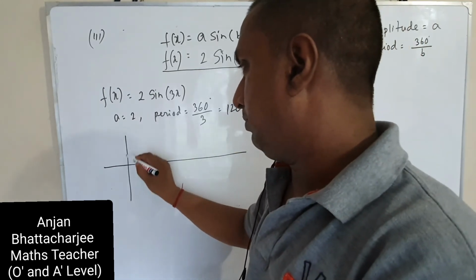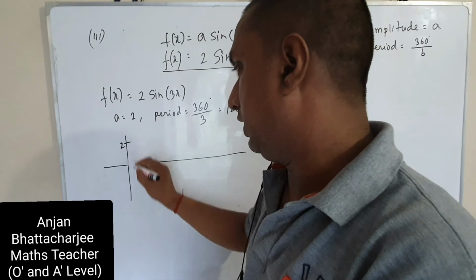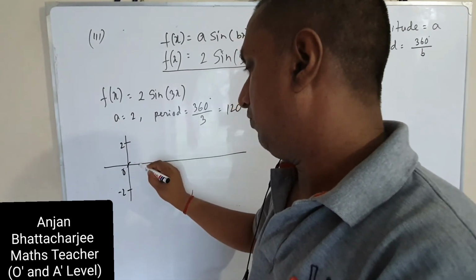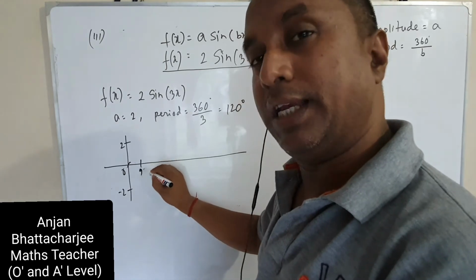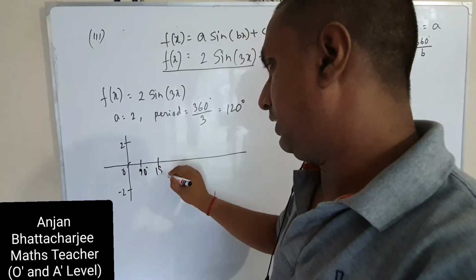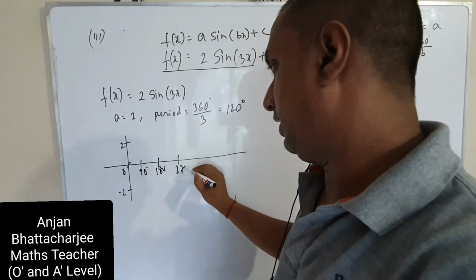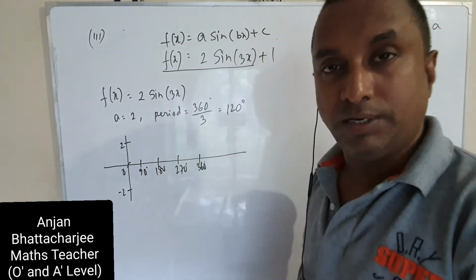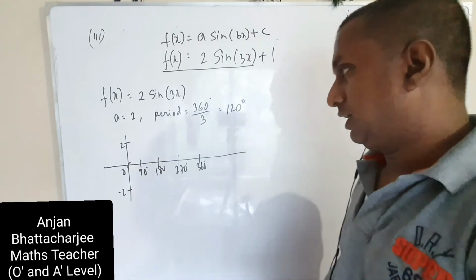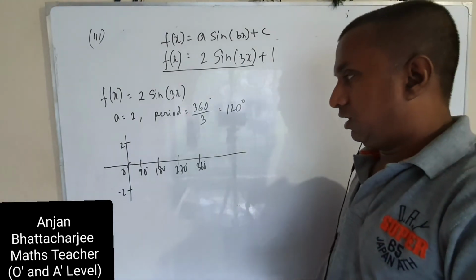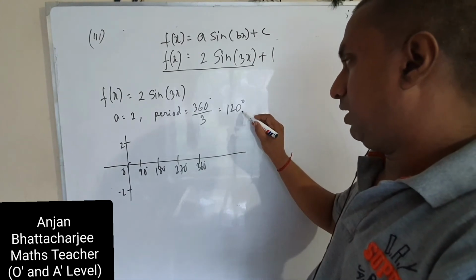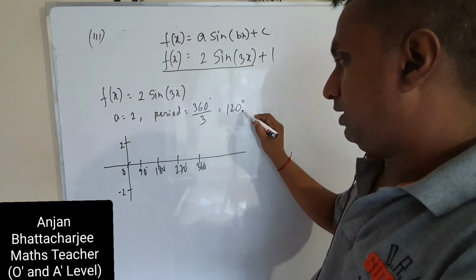So now let me write, this is 1, 2 here, minus 2 here, 0. Let me write as usual, 90 degree, 180 degree, 270 degree, 360 degree. Our graph's limit is 0 to 360 degree. So let me go up to 360 degree. See, it will repeat after 120.